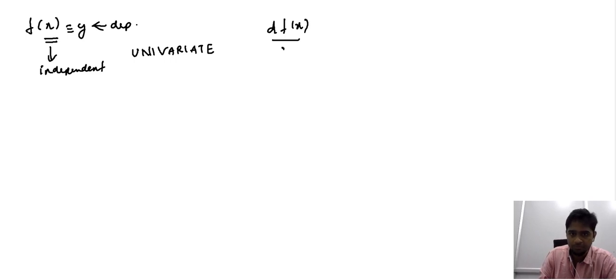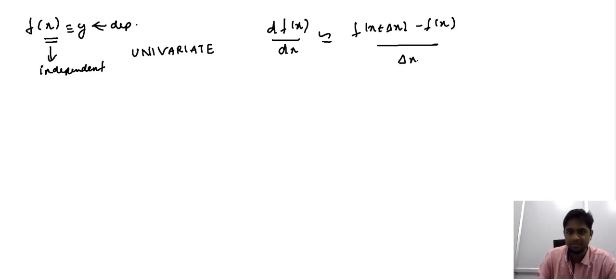So the derivative of f of x, based on the description alone, that is the change in f of x as x changes, we were able to arrive at this expression: f of x plus delta x minus f of x, divided by delta x. When we say x plus delta x, what we are essentially considering is the change in the independent variable, and delta x here considers how much the change has occurred.